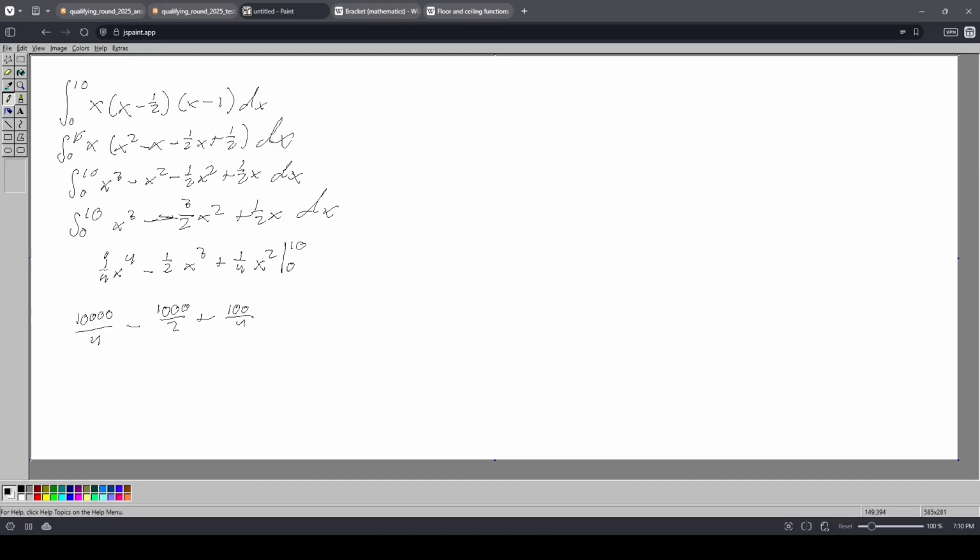Or we'll start by just simplifying, so that's going to be 2,500 minus 500 plus 25, which is going to equal 2,025, and that is our answer.